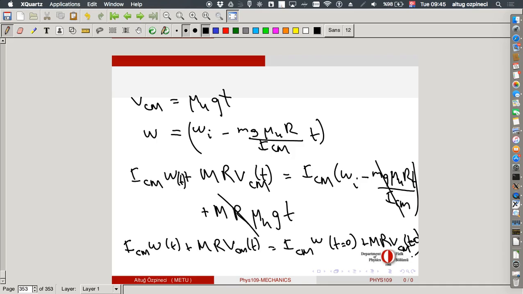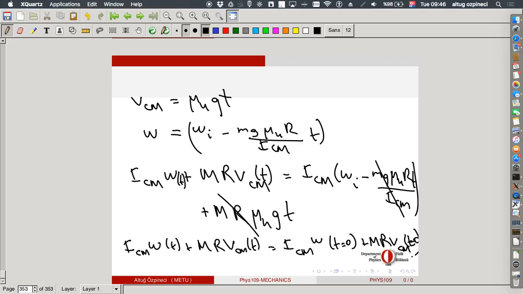Well, this term is just 0. The initial velocity of the center of mass is just 0. We just released it from rest. So we see this expression, I center of mass times omega plus m r v center of mass. We evaluate it at the time t equal to 0, we get some value.